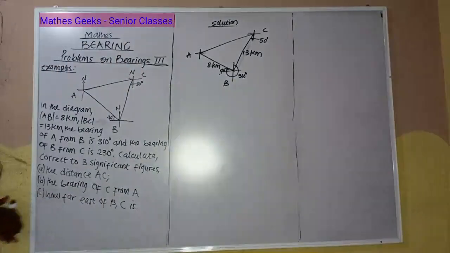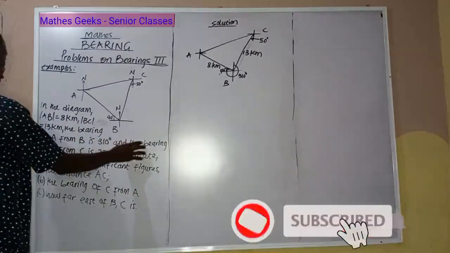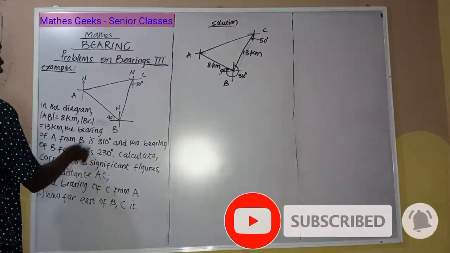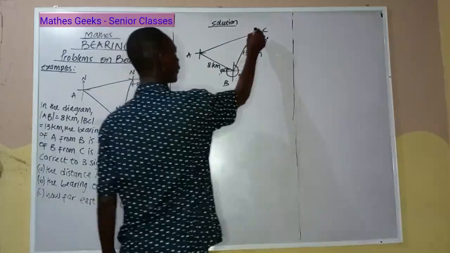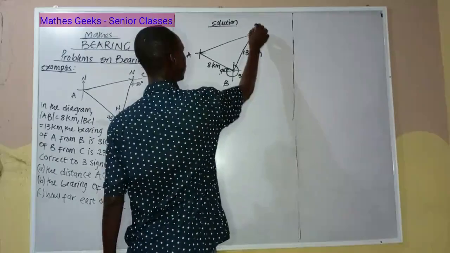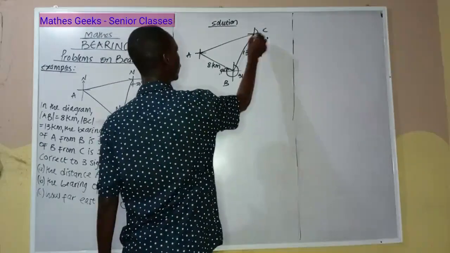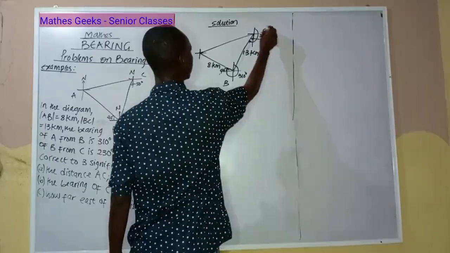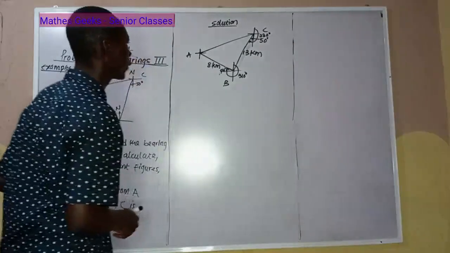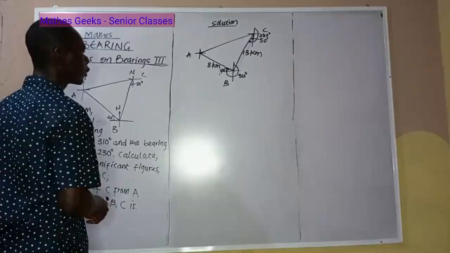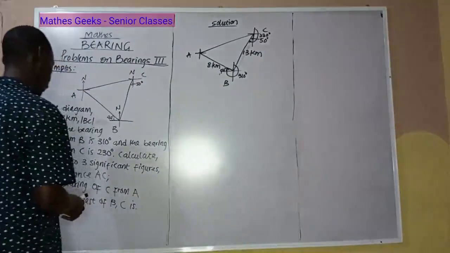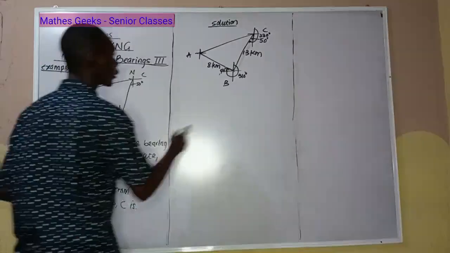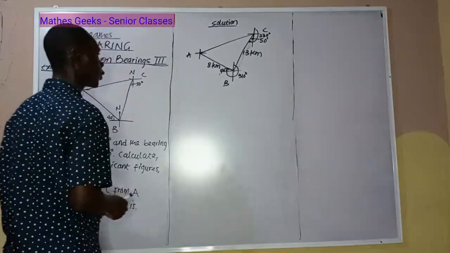Bearing of A from B is 310 degrees, and the bearing of B from C is 230 degrees. Alright, so this is all we're given. So let's analyze our diagram, then we can begin to solve.